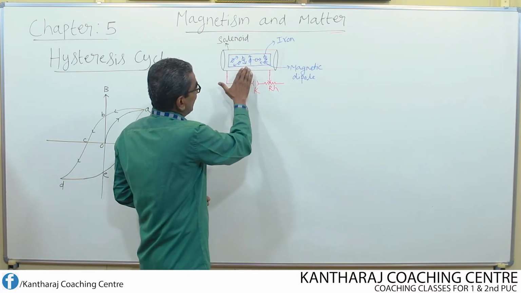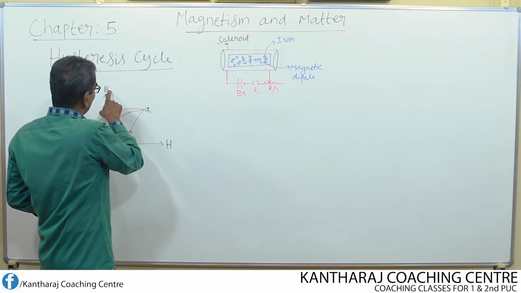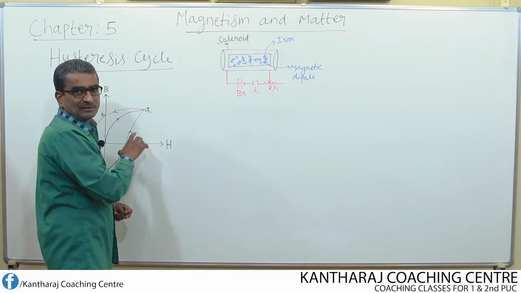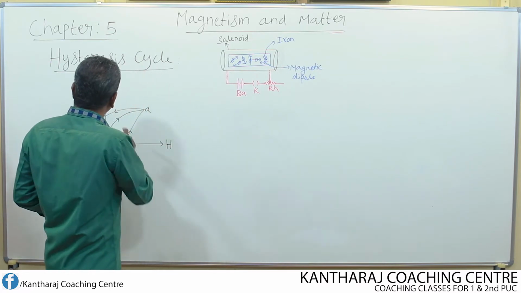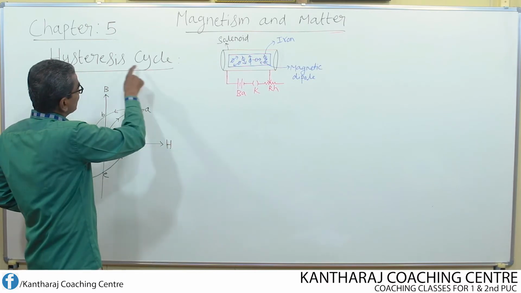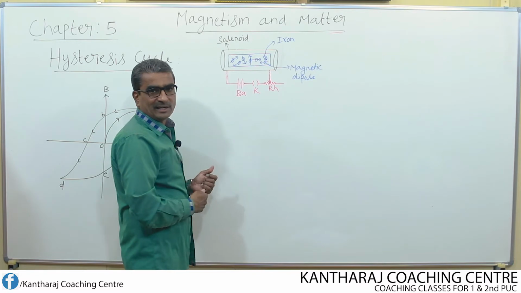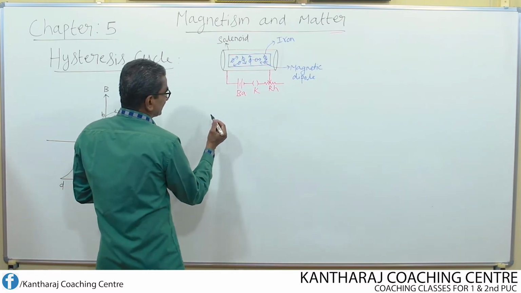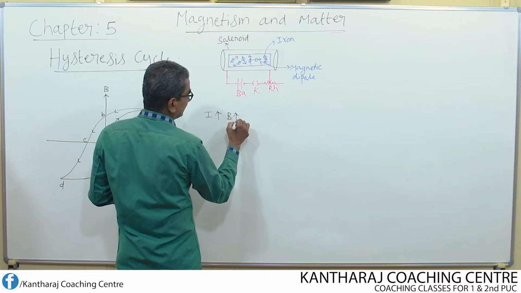During the process of magnetization and demagnetization, how the magnetic field B varies with H, we study this graphically. That means by plotting a graph of B against H, we study the hysteresis cycle. Now, as I told already, we know that as current increases, B also increases.